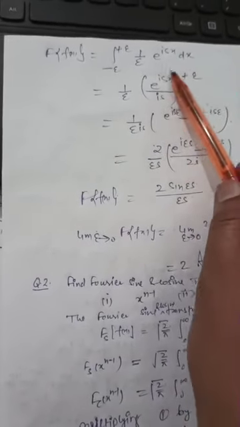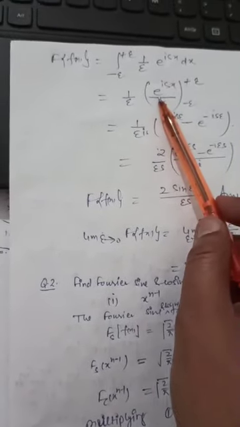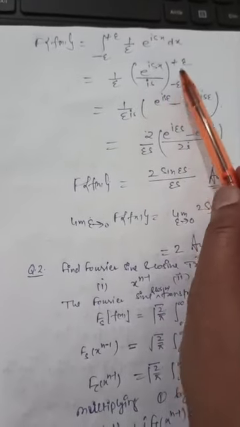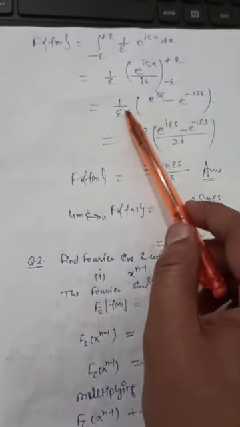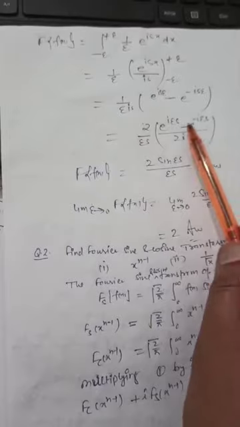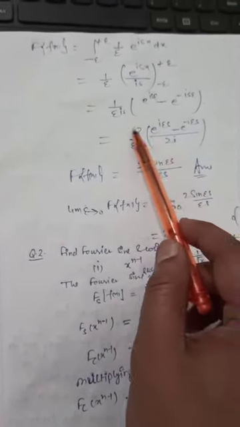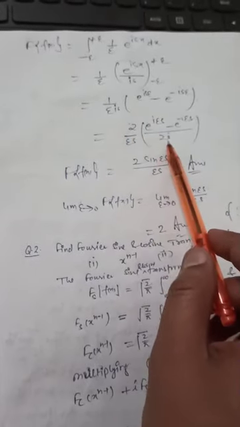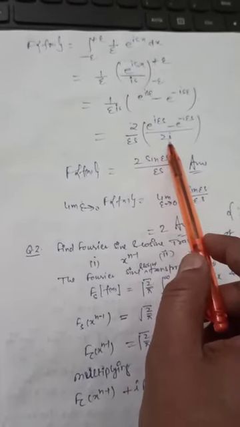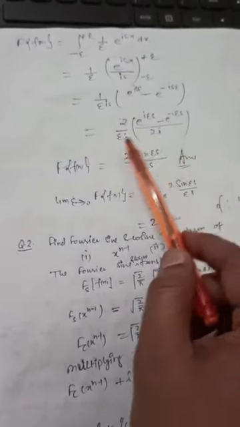The integral of this portion all of you know, and if you put the limits minus epsilon to plus epsilon, you will get this. Multiply the numerator and denominator by 2.